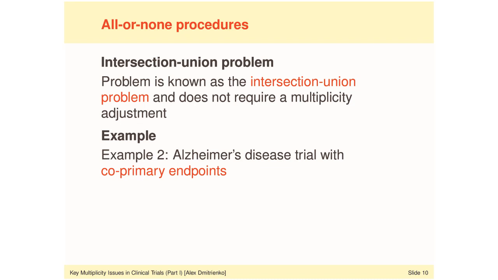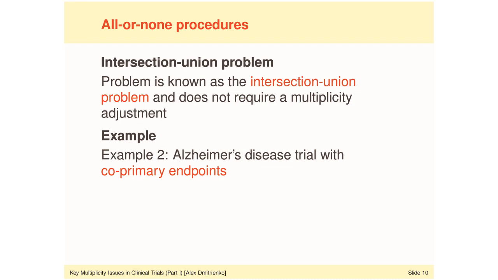Going back to the trial examples that were introduced in Module A, you may remember that we saw the requirement to demonstrate a beneficial effect for all analyses, all endpoints in example 2, which was based on the Alzheimer's disease trial. In this particular case, the primary analysis involves two co-primary endpoints.